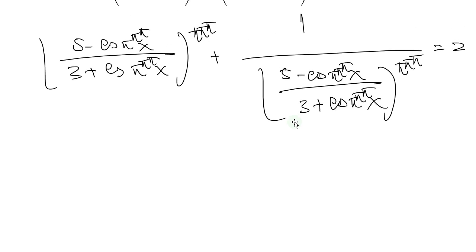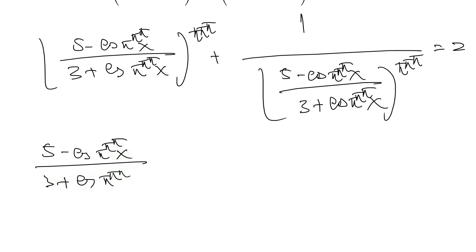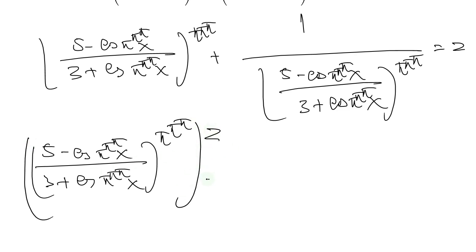So now this one times this one, we're going to have this one to the power of 2. So this is (5 minus cos pi x)/(3 plus cos pi x), and I'm going to keep this squared. I'm going to multiply this one times this one, and bring this one to the left side.